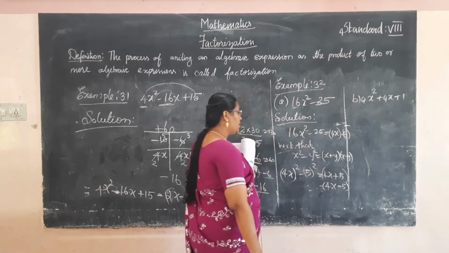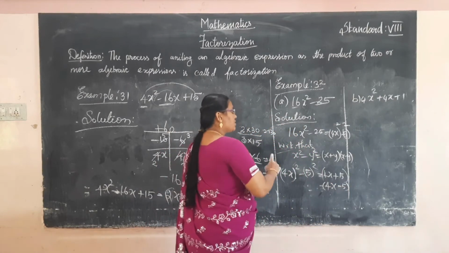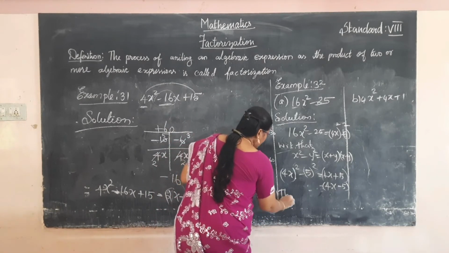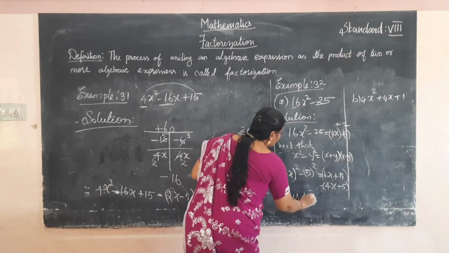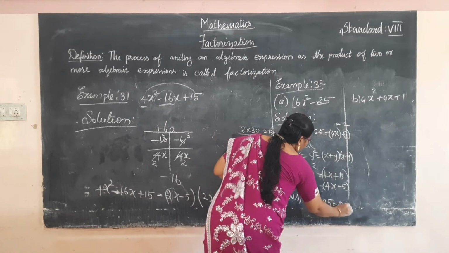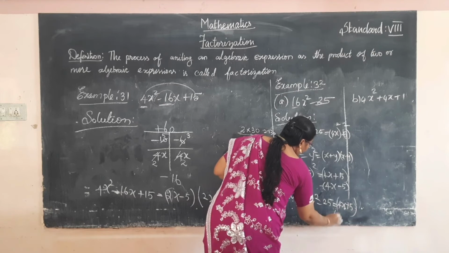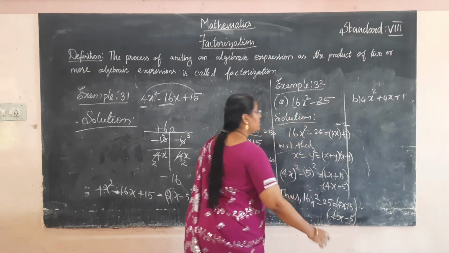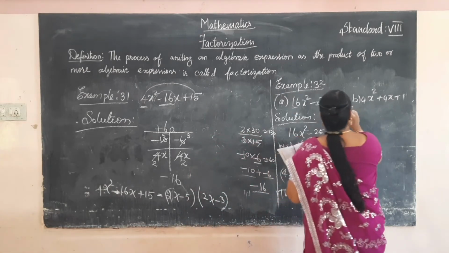These are all the factors for 16x squared minus 25. Thus 16x squared minus 25 is equal to 4x plus 5 into 4x minus 5. That's it. Now move to the B problem.